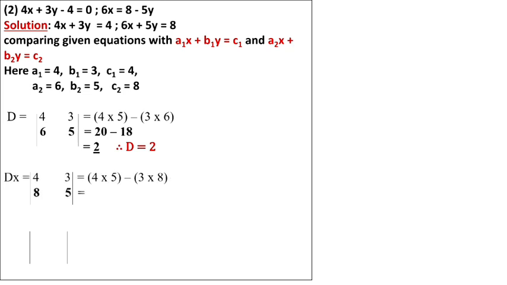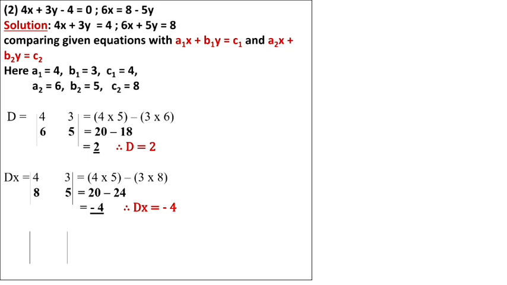For Dx, what will we take? c1, c2 and b1, b2. So c1, c2 is 4, 8 and b1, b2 is 3, 5. So again 4 into 5 minus 3 into 8. 4 5 is 20 minus 3 8 is 24. 20 minus 24 we get minus 4, because 24 is the bigger number and the sign is minus.